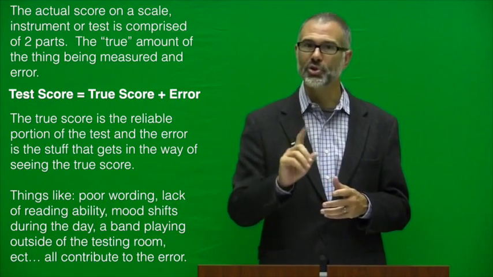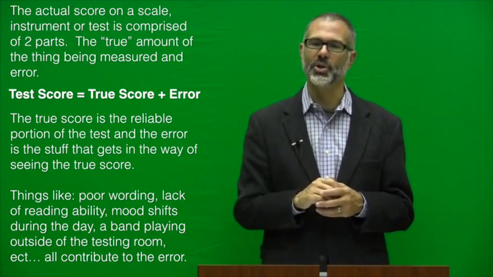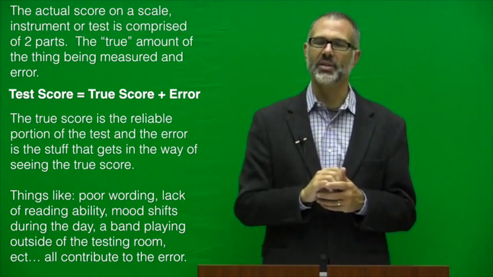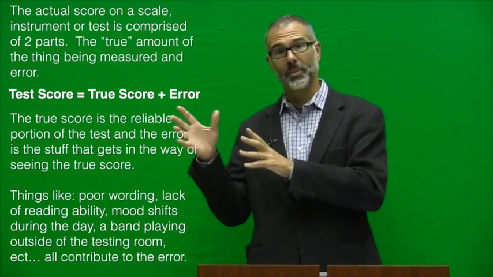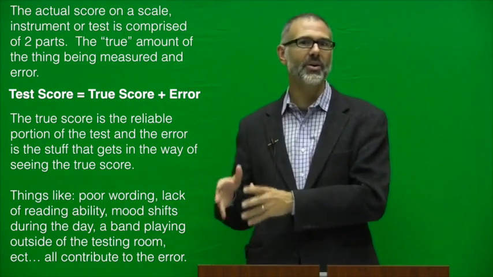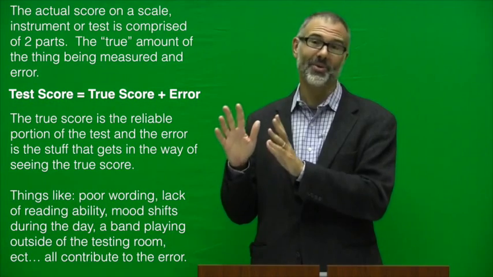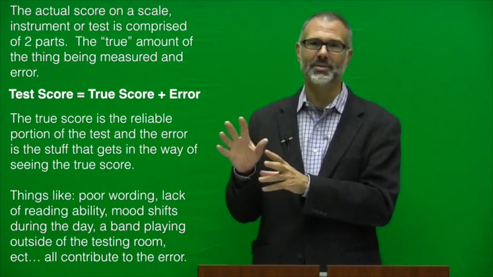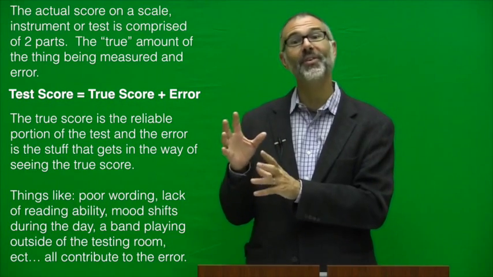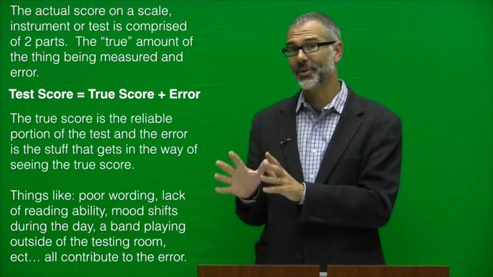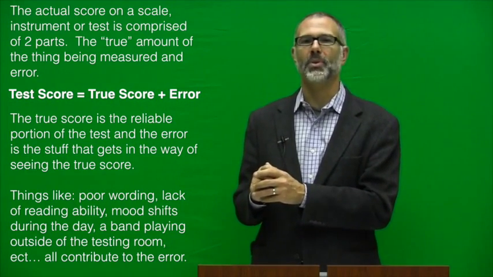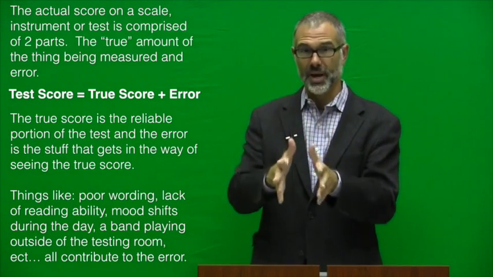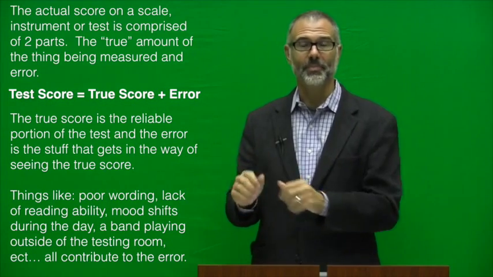One, the true score, the actual amount of depression you have, your actual political beliefs, your actual health status, and error. That error can be systematic or random. And again, we're going to like random error. We'd rather have no error, but if we're going to have error, we want it to be random error. Systematic error is very bad. So there's two components, right? The actual score and error.